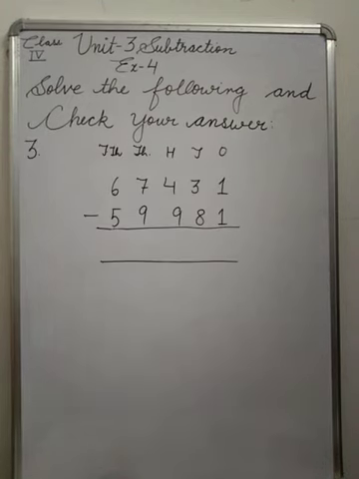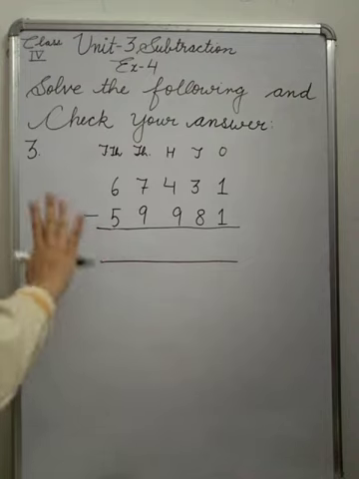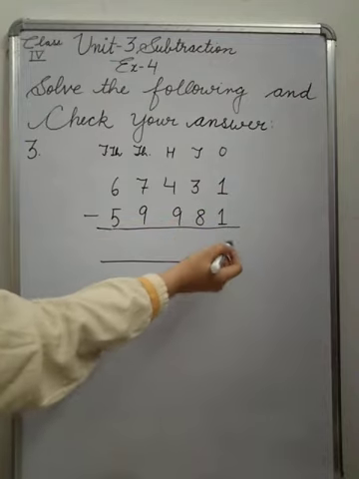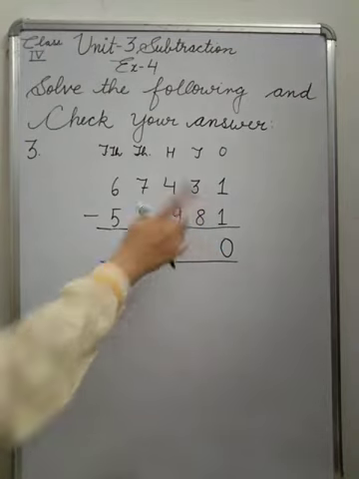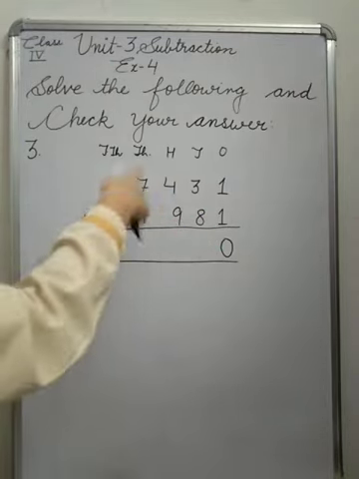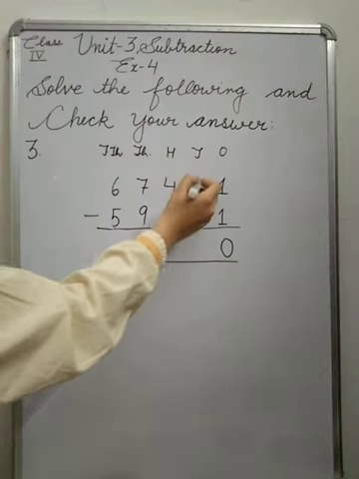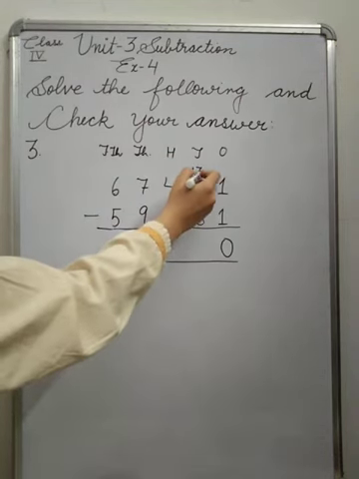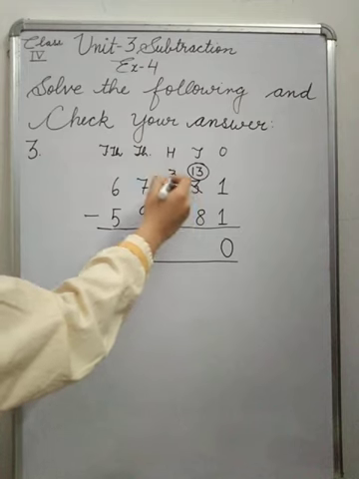See, in the first part there was a plus sign given. Here a subtract sign is given. So how do you check this answer? Firstly do the simple subtraction. You know, na, 1 minus 1 is 0. 3 minus 8 is not possible. So take 100 from that. Here it will become 13, and this will become 3.